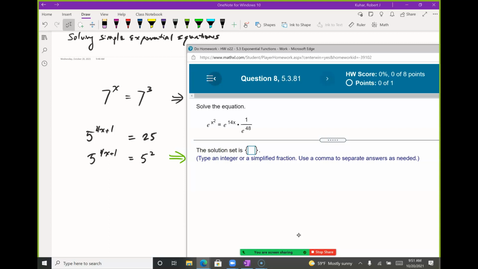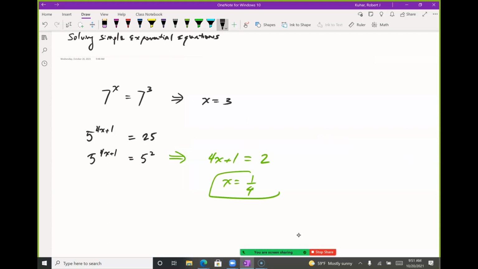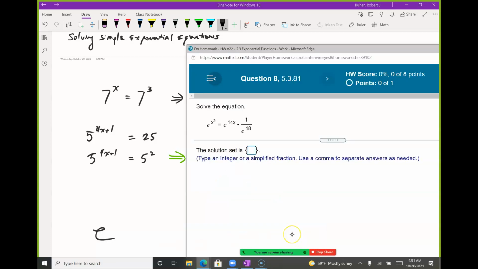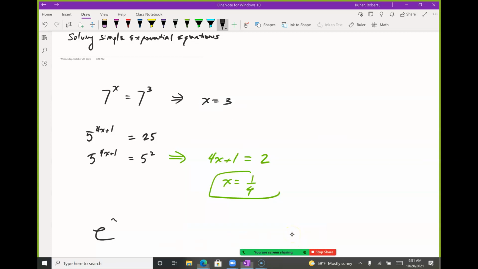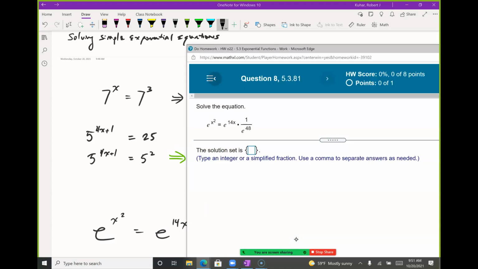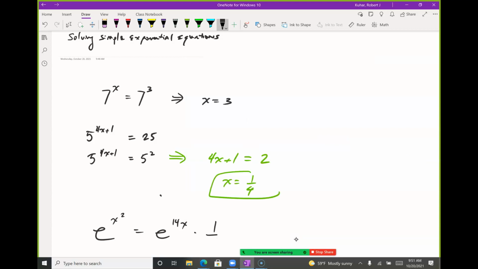Here's one. So I've got e to the x squared equals e to the 14x times 1 over e to the 48. And again, e is just a number, right? We talked about that.